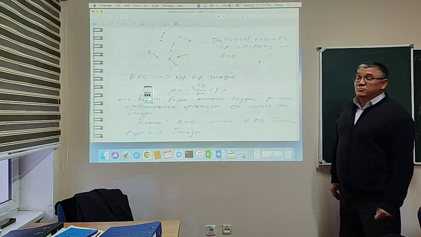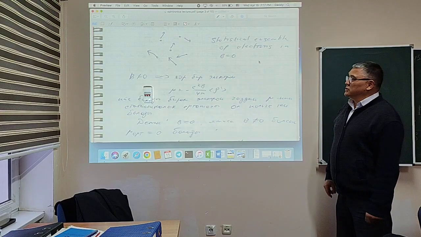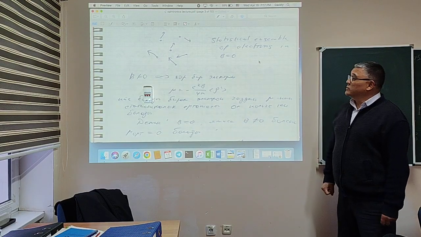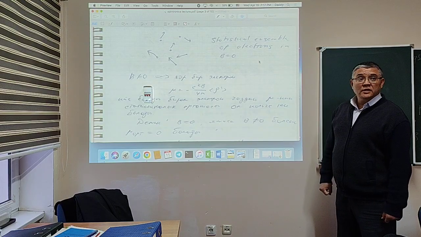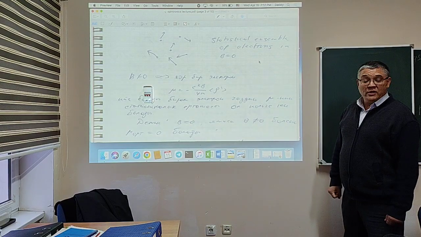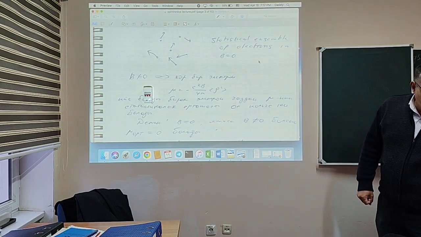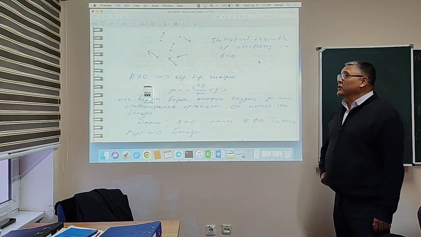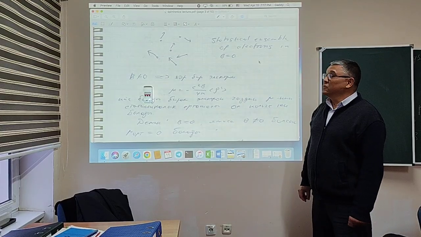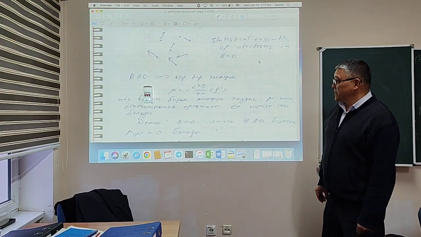Since these motions are chaotically distributed, finally the average magnetic moment will be equal to 0. So according to this, we will have no diamagnetism, even though we do have magnetism in these materials. This classical result shows that we will not have diamagnetism.